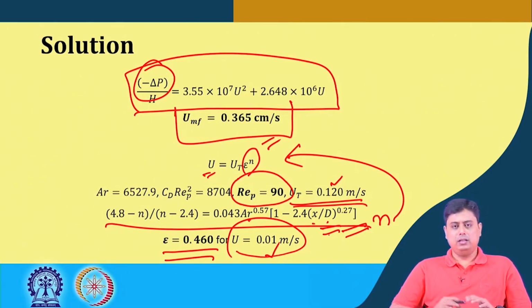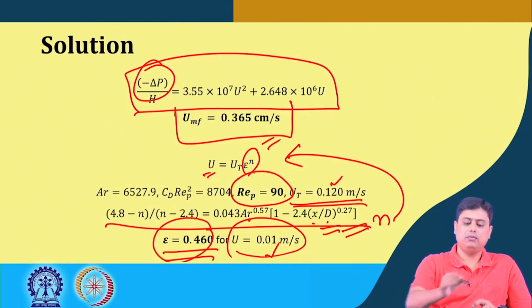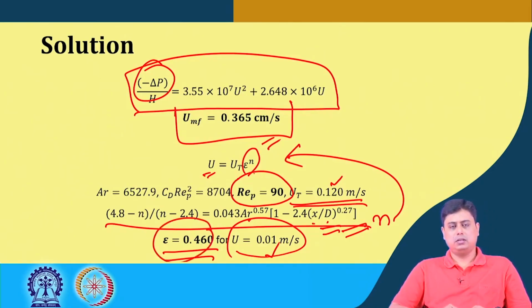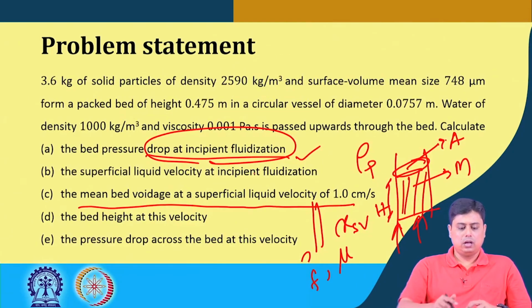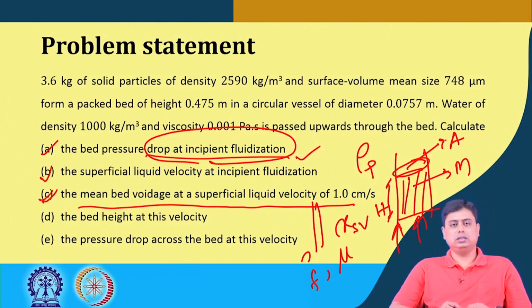We apply these numerical values to find out what is epsilon from this expression, which is 0.46. So which means our third question is also answered.